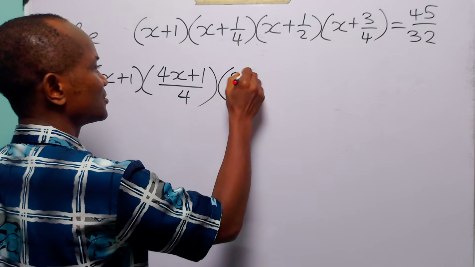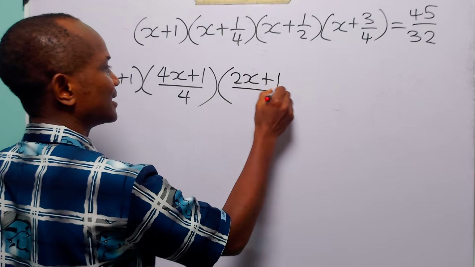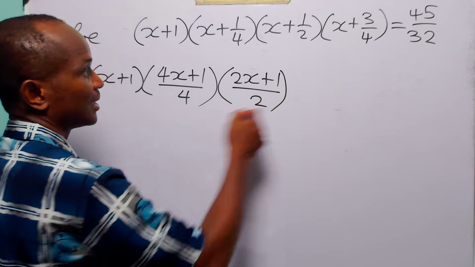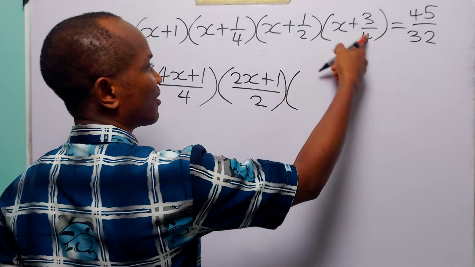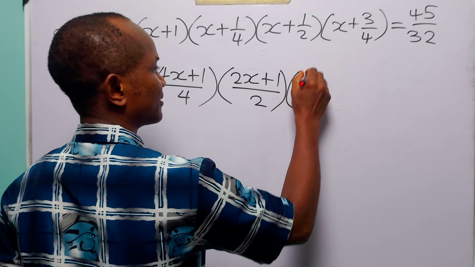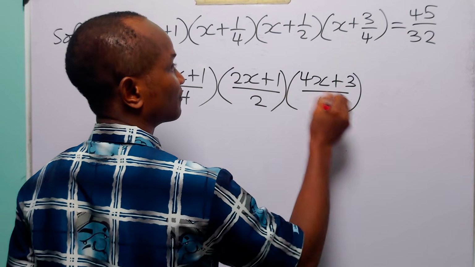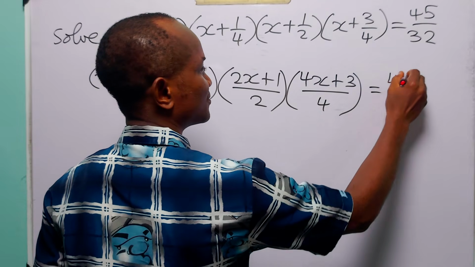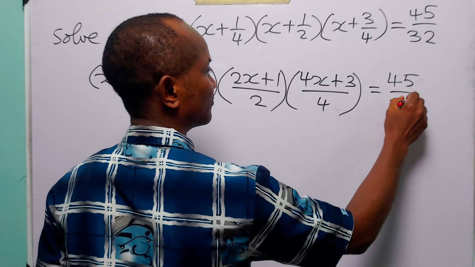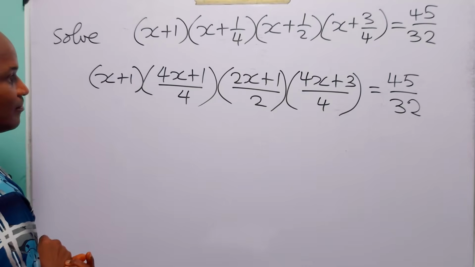So this is going to be (2x plus 1) divided by 2. In this case, we have 4 times x plus 3. That is (4x plus 3) over 4. This is equal to 45 over 32.